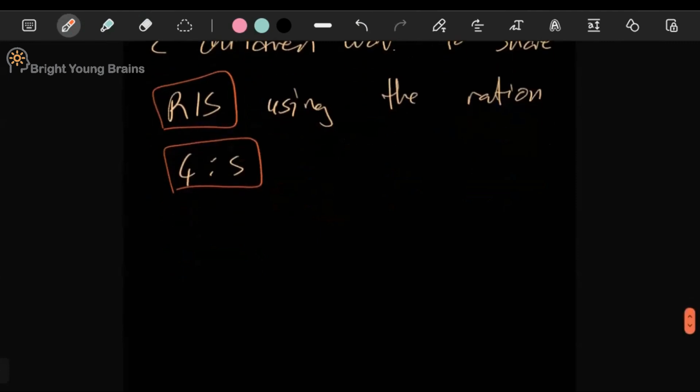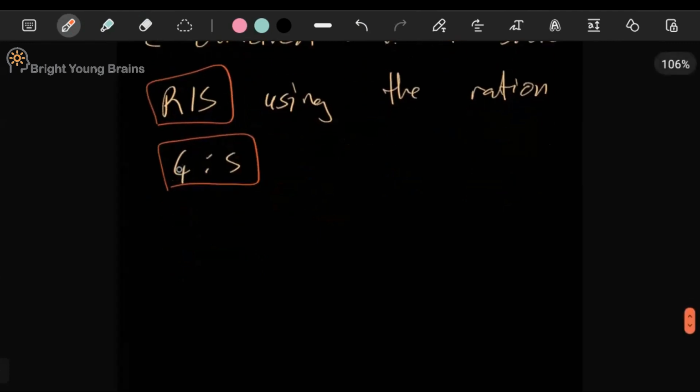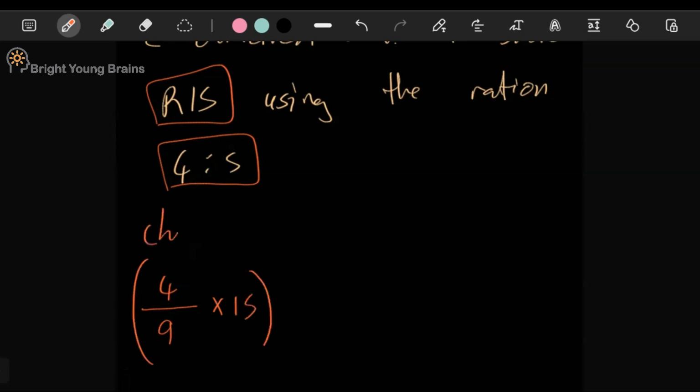This is what you do. For the one child that's going to get 4 pieces, all you're going to do is say 4 over these two numbers put together, and then you multiply that by 15. That's for child 1. Do you remember this?